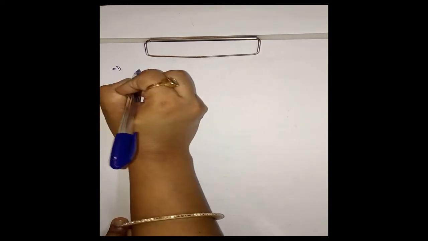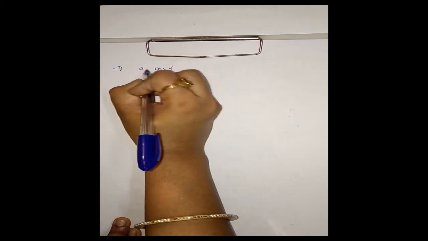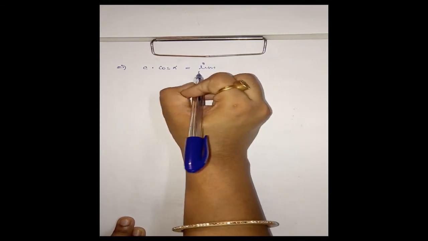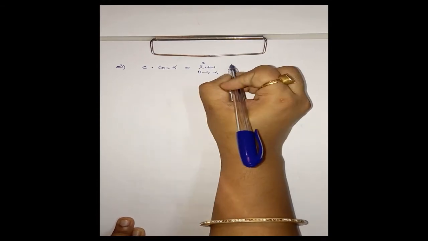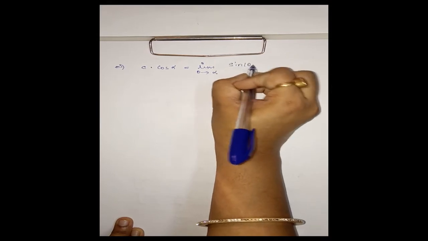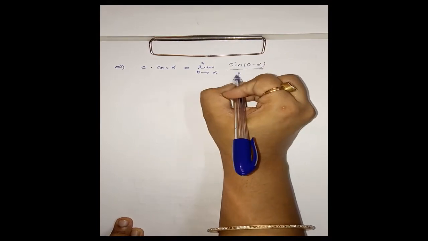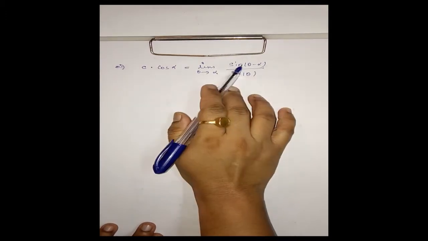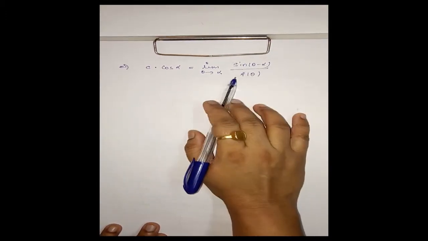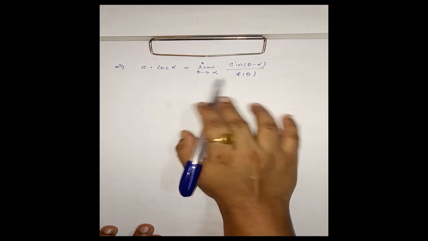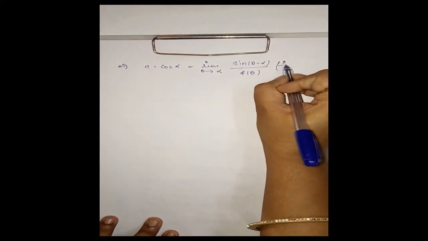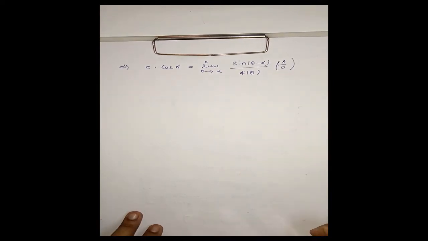This implies c cos alpha is equal to limit theta tending to alpha sin theta minus alpha by f theta. On taking limit as theta tending to alpha, this will be sin 0 which is 0 and f of alpha which is 0, since alpha is a root of f theta is equal to 0. That means this is 0 by 0 indeterminate form.